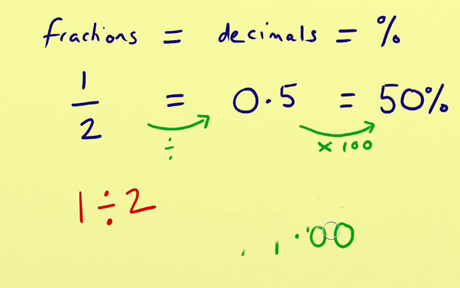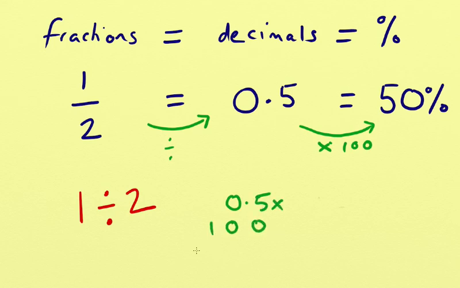If I do 0.5 multiplied by 100, we're going to put 2 zeros down for those two just there. 1 times 5 is 5, and that's it. With 1 decimal place to go in our answer, we get the answer of 50, and that's 50%. That is how we get from a fraction to a decimal to a percentage.